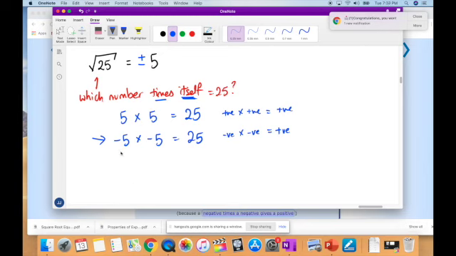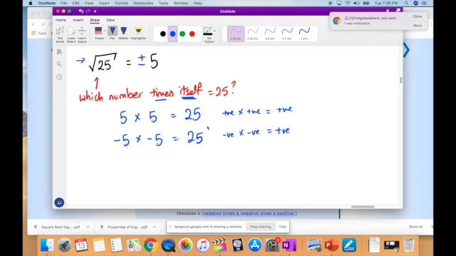Because the two numbers you are multiplying have to be the same, because a square root is a number multiplied by itself. So you can never have a number multiplying by itself and giving you a negative answer. You could never have it.